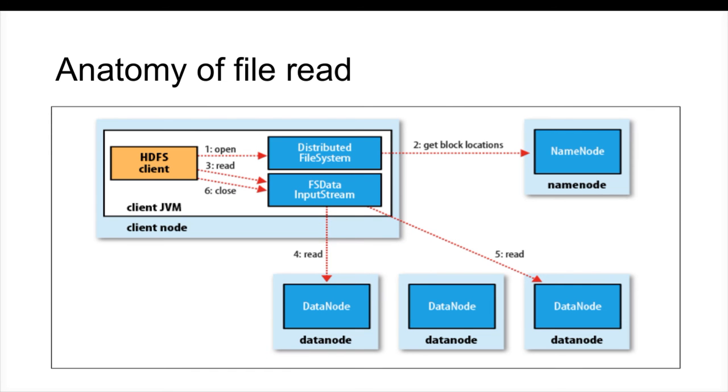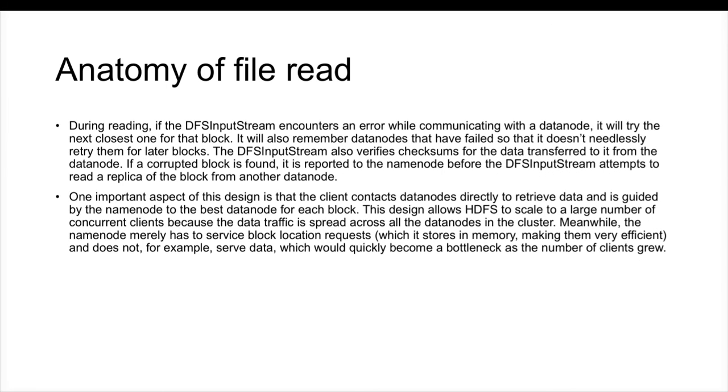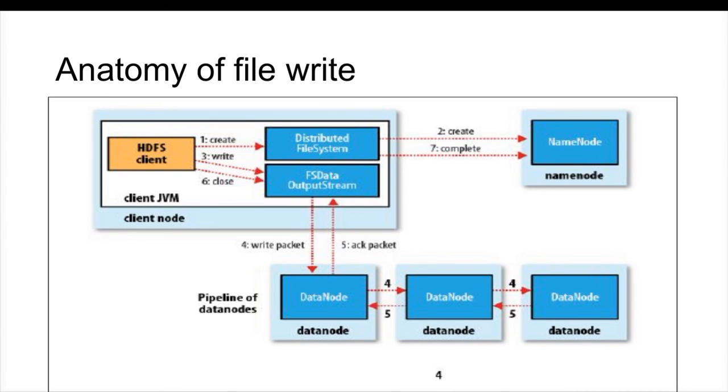Okay, and another important thing you need to understand is that the writes will be done using a pipeline. So when you actually try to write a file into HDFS, each block will be copied in the form of a pipeline.